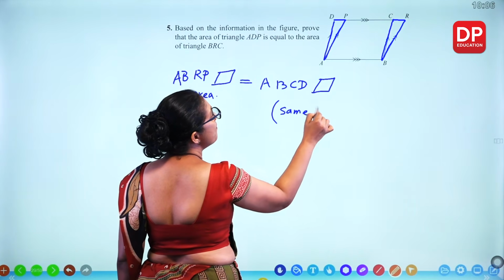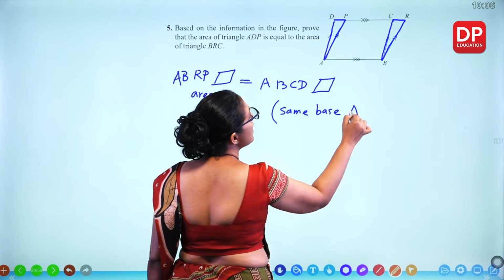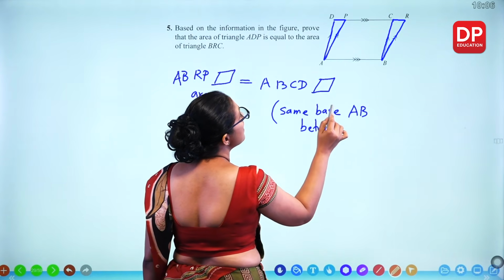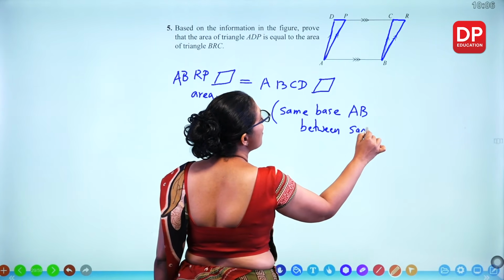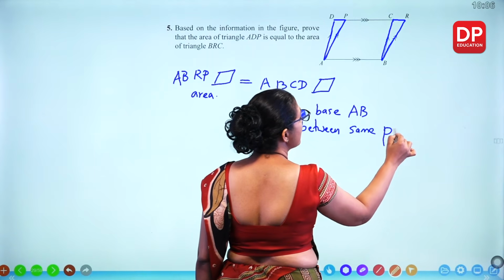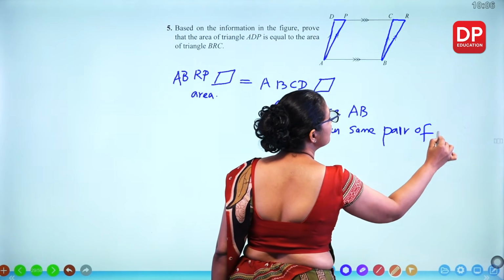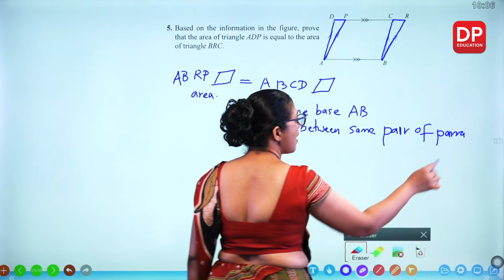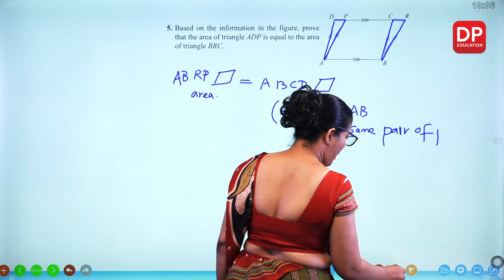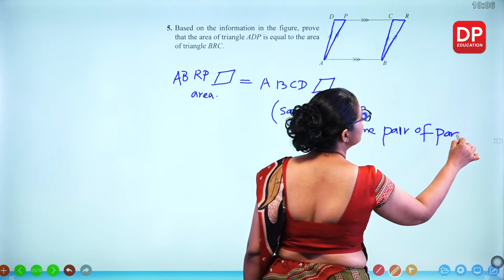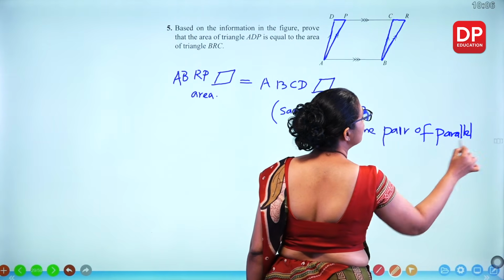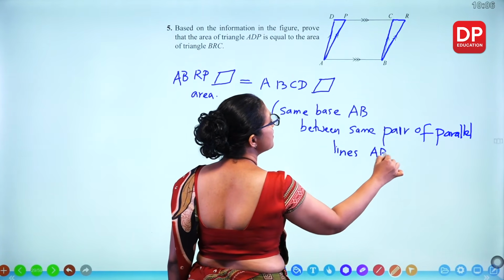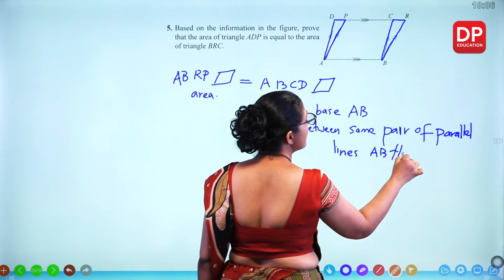Same base AB and lying in between the same pair of parallel lines, AB and DR.